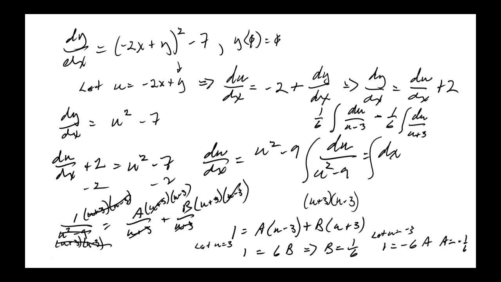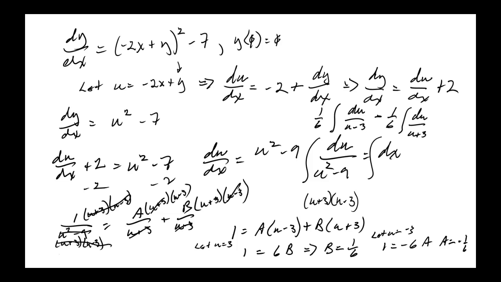The u's go to 0, but then a minus times a minus will be a plus 3, so it's 3 times 1/6 plus 3 times 1/6. Well, 3/6 plus 3/6 is 1. So yeah, that works.